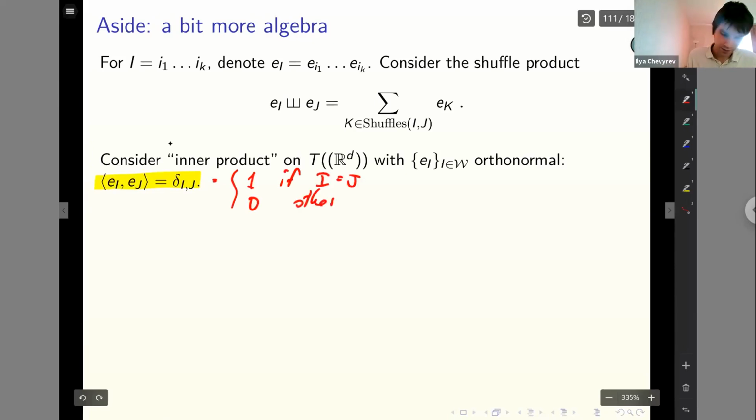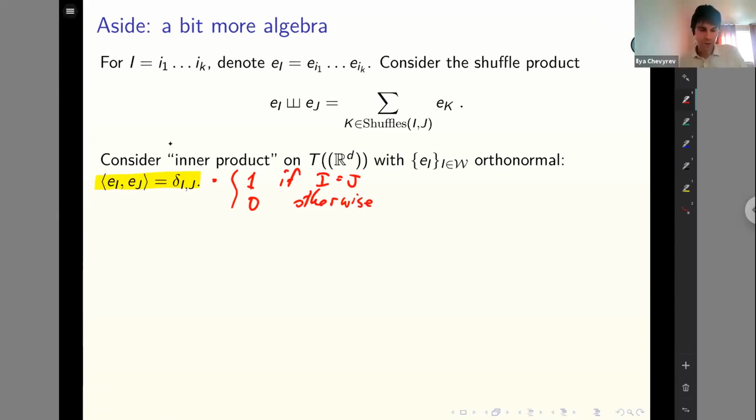This is the Kronecker delta. Notice I've put it in quotations because you have issues of convergence: if you take a big formal series and want to extend by linearity, maybe you get an infinity arising, but let's ignore this issue for the moment.